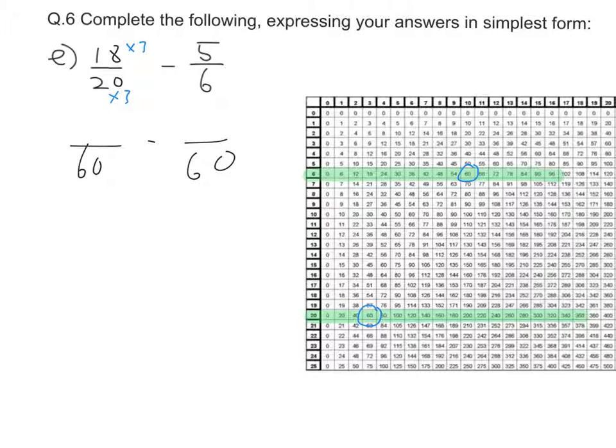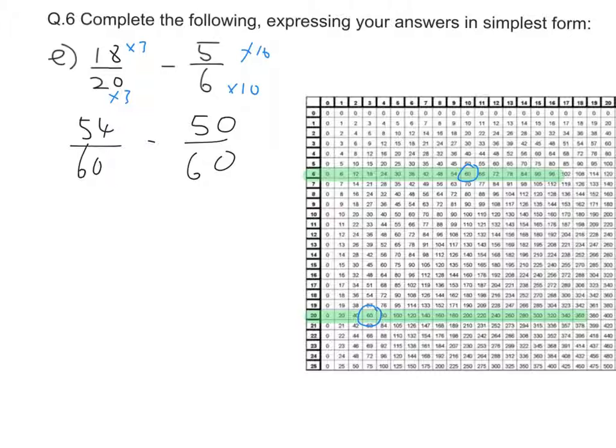So I write down here the number 54. Okay. So over here, I got 6 multiplied by 10 equals 60. So I multiplied this 6 by the number 10, and whatever I do to the bottom, I do to the top. So I know that 5 multiplied by 10 is 50.